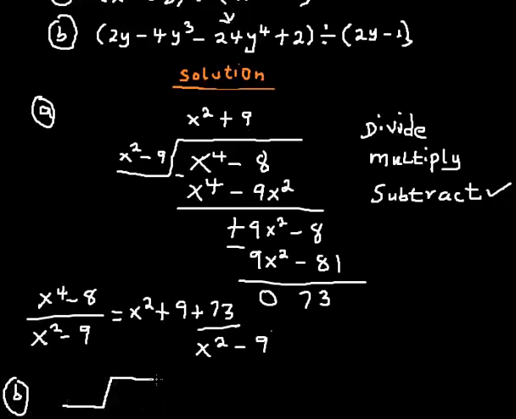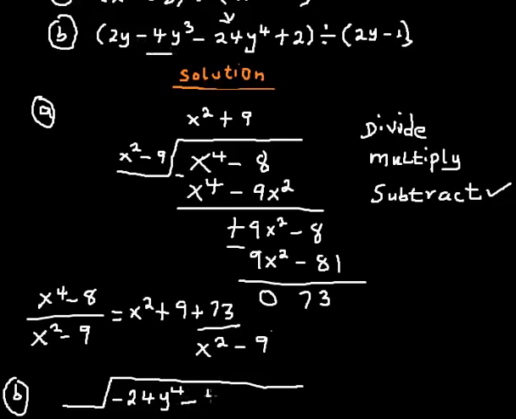So I have the dividend. I'll arrange it in ascending order, right? That's going to be minus 24y raised to the power 4. I mean, in descending order. I'll arrange it in descending order of the power of y.